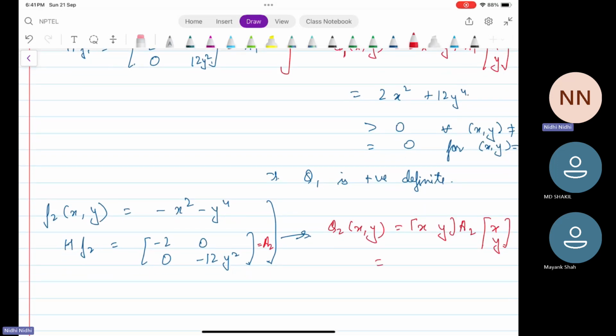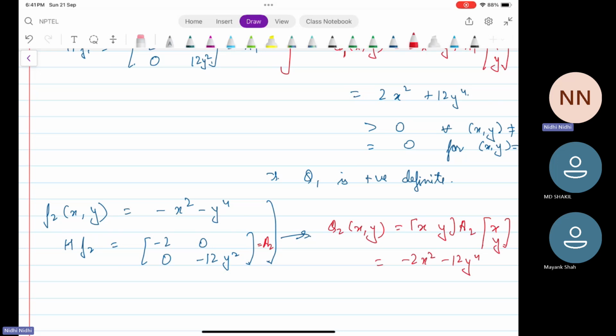This will be minus 2x square minus 12y power 4.